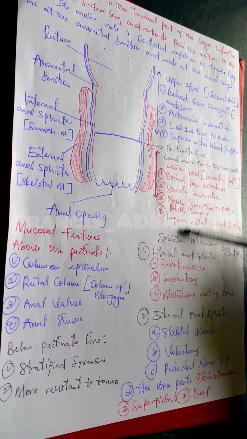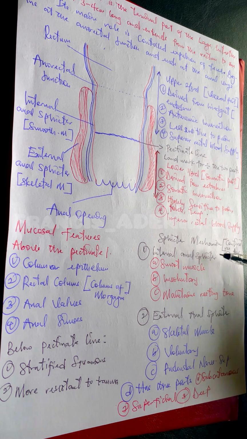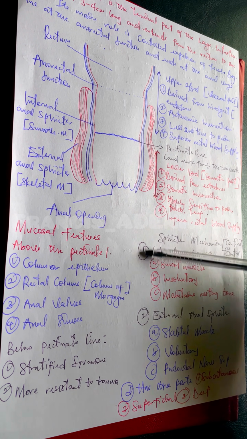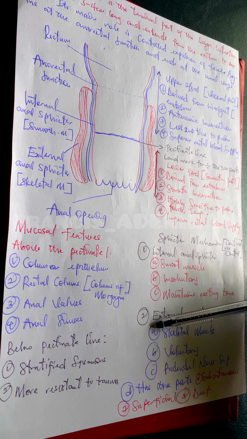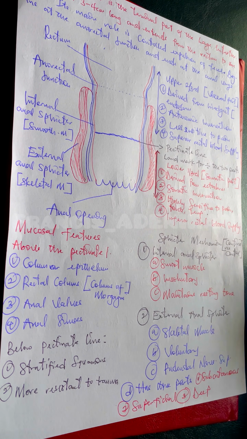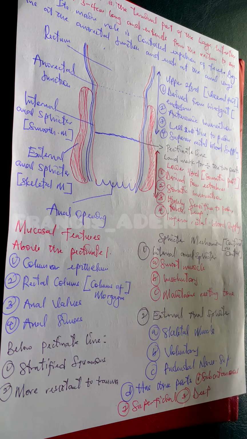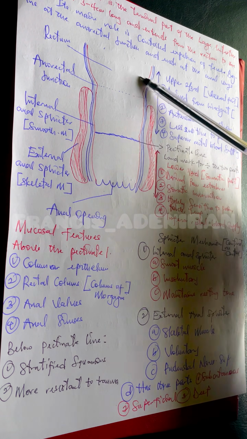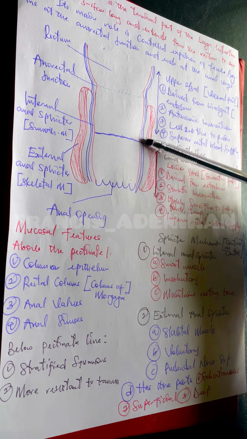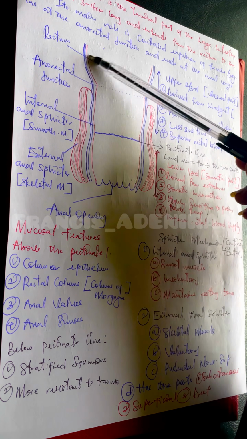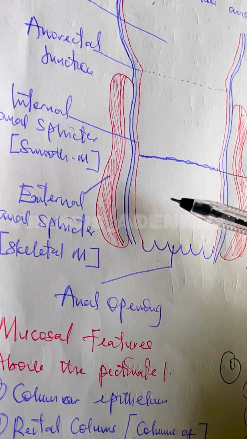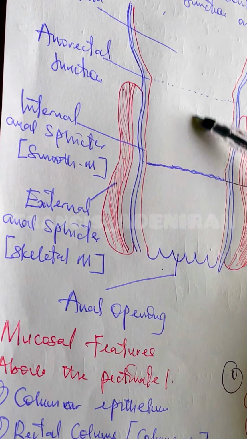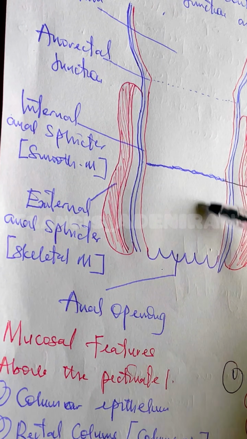Once again, the sphincter mechanism is continence control, divided into the internal anal sphincter and the external anal sphincter. But before going to that, we need to take note of this diagram once again to understand the sphincter mechanism. If you check this diagram, this is the rectum. This is the pectinate line separating the two of them, and this is the lower part.